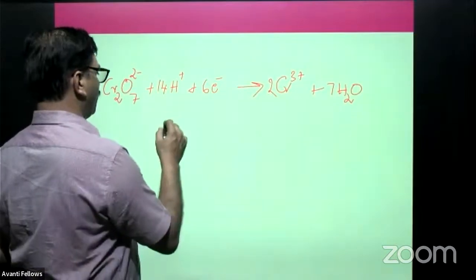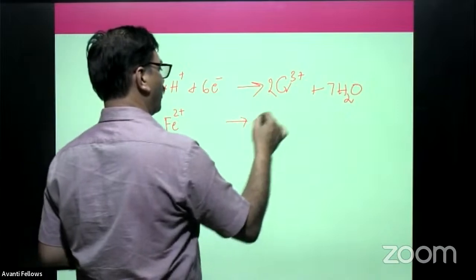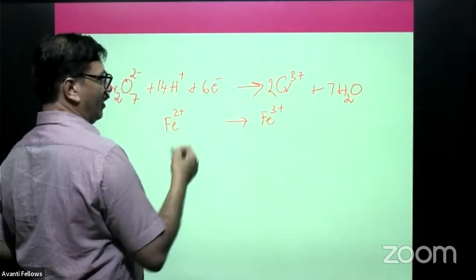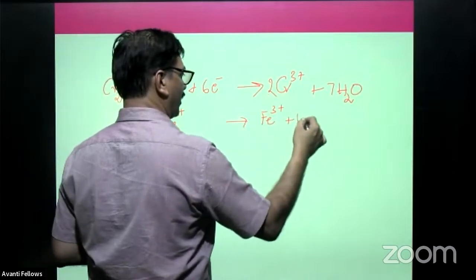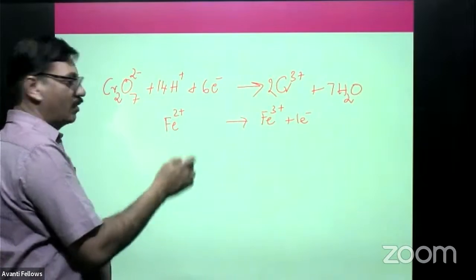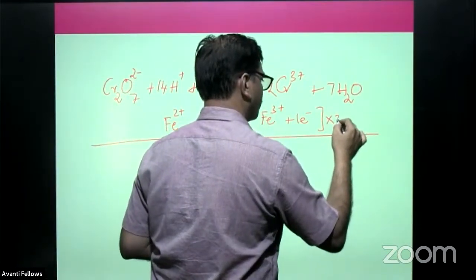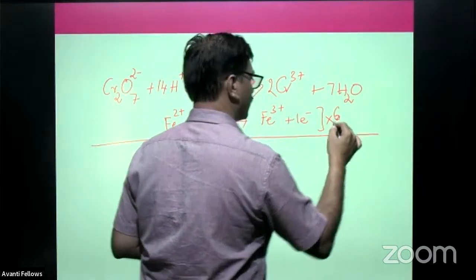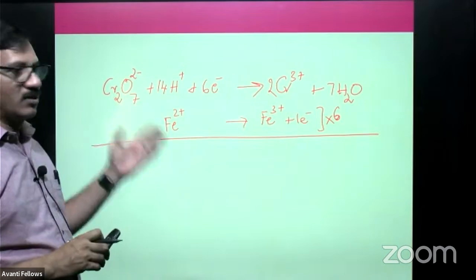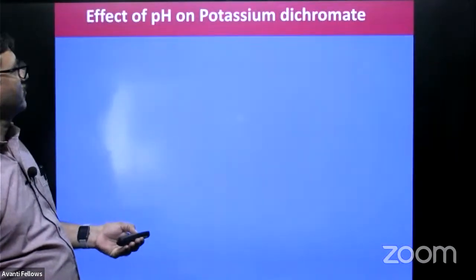Suppose you want to write Fe2+ converted into Fe3+; that happens by losing one electron. In the half equation also the charge is balanced, right? Now you can write the overall reaction by multiplying this by 6. So this is the way you are able to write the balanced equation.